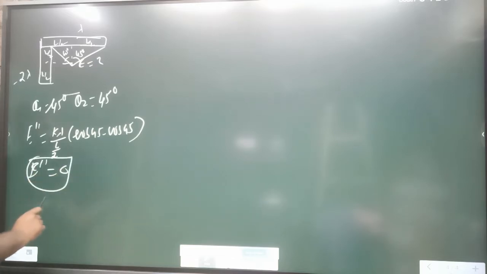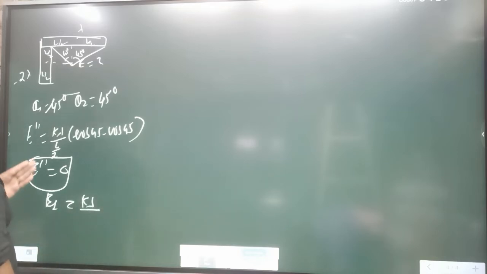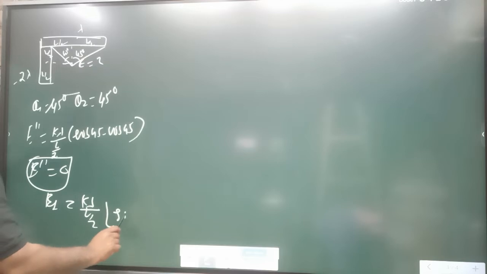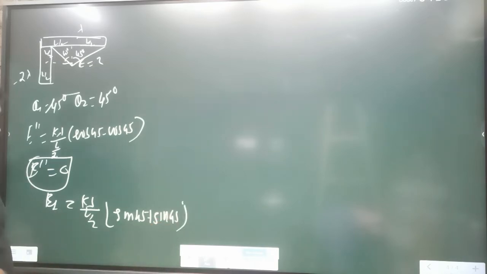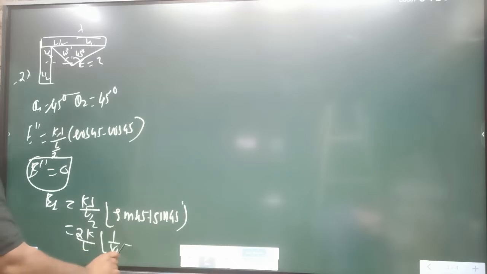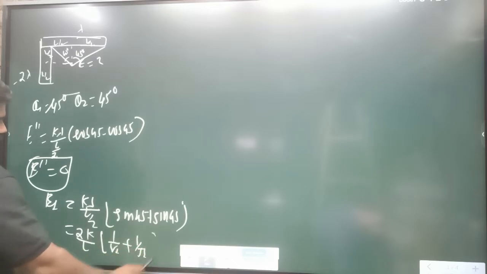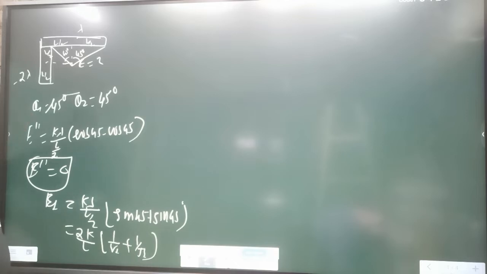Next, E perpendicular is K lambda upon D, where D is equal to L by 2, times sin 45 plus sin 45. So 2K lambda upon L into sin 45, which is 1 by root 2, plus 1 by root 2, giving 2 upon root 2.